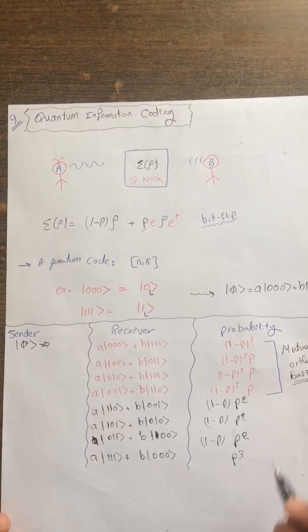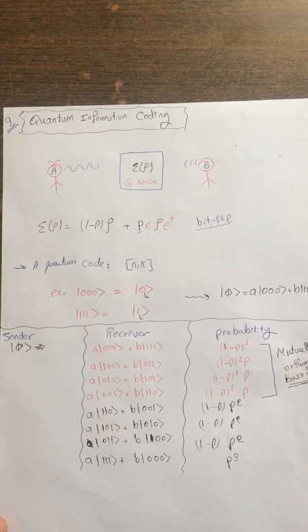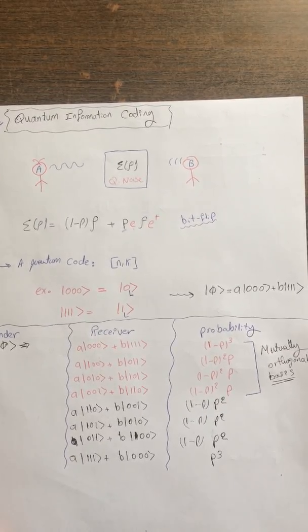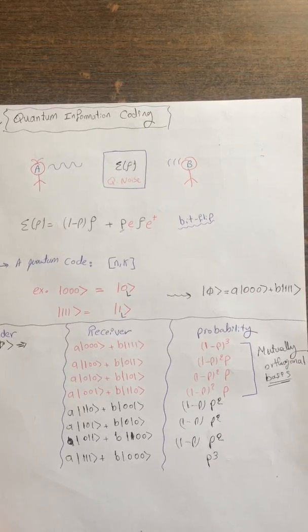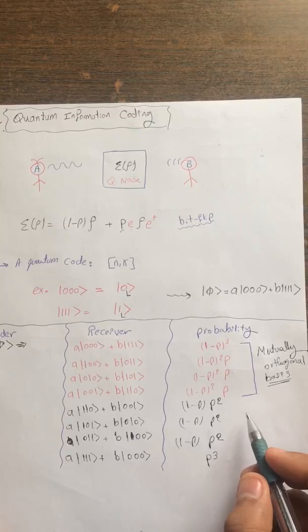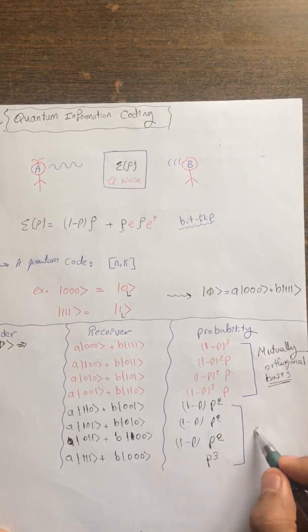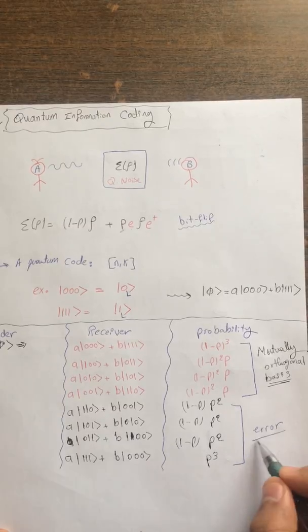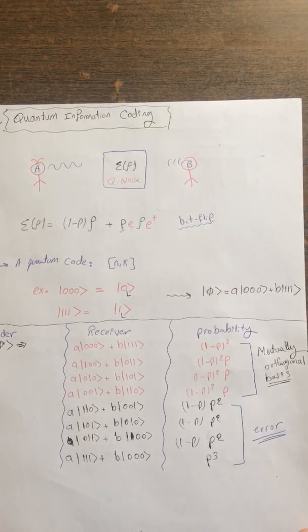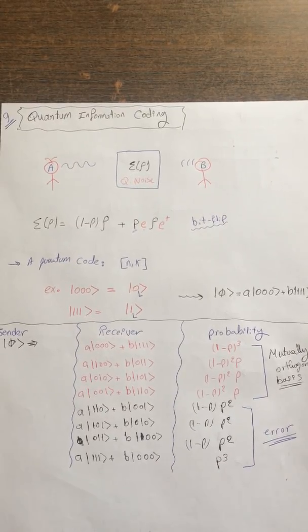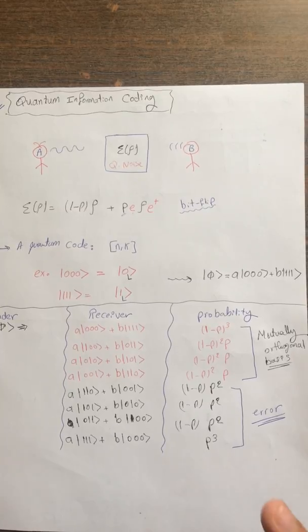And these are distinguishable from these kinds of errors that happened. These are mutually orthogonal distinguished bases with distinguished probabilities, and here is the error. So all of these states are important in quantum error correction that we will see in the next video, how we can correct those errors using even those orthogonal bases that we will have.